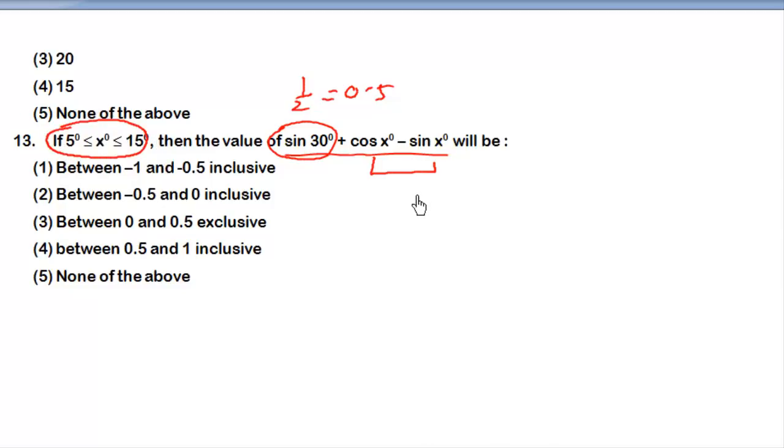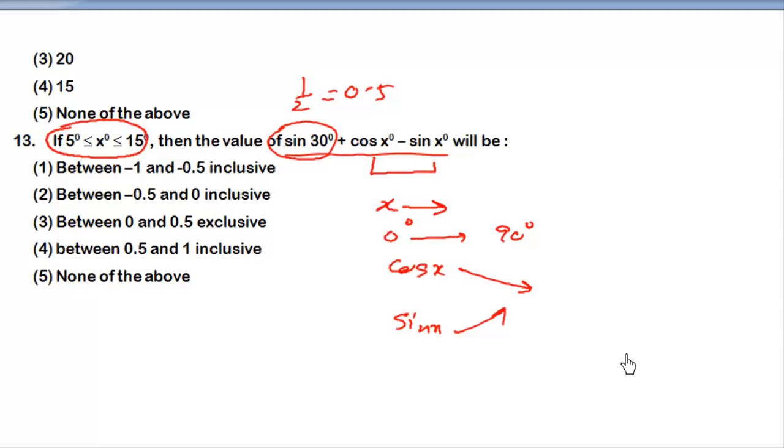Now the important thing to note here is that as the value of x increases from 0 to say 90 degrees, the value of cos of x decreases, but the value of sine of x increases, right? We know that the value of cos of 0 is 1, but the value of cos of 90 is 0. But for sine of 0 it is 0 and sine of 90 is 1.